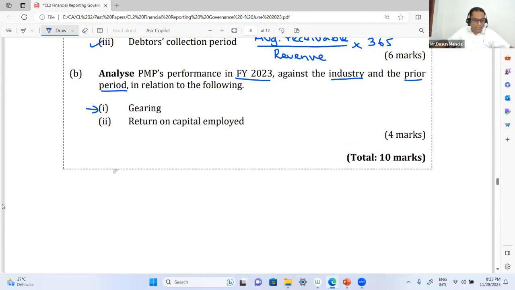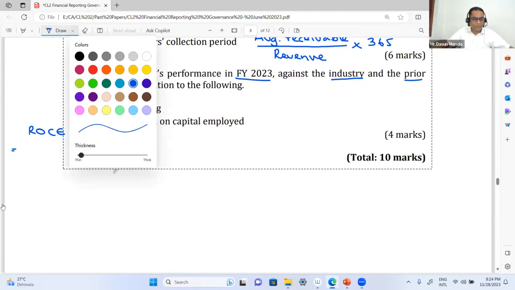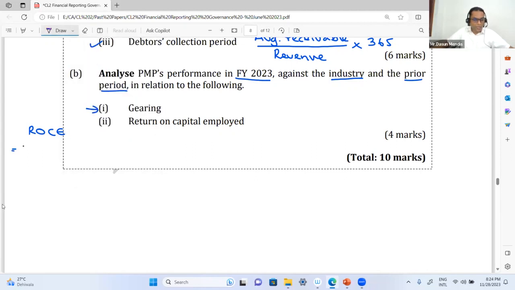How to calculate the ROC? ROC is very important. How do you calculate the ROC figure? ROC is equal to: your numerator would be profit before interest and tax, divided by capital.